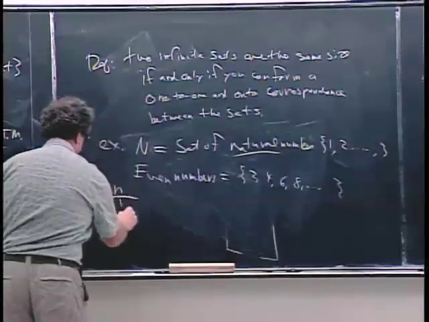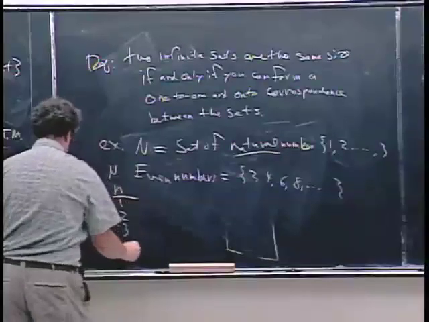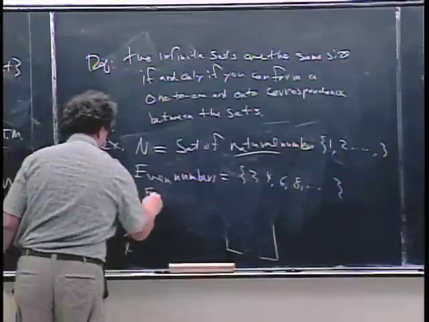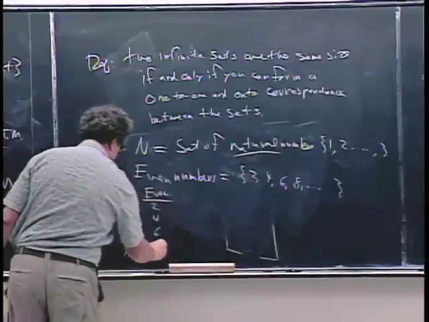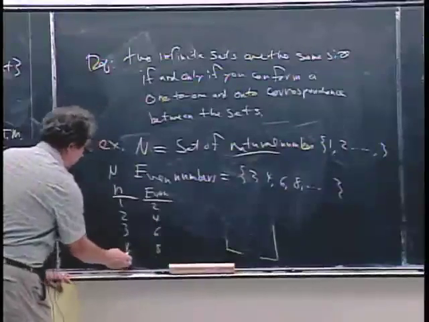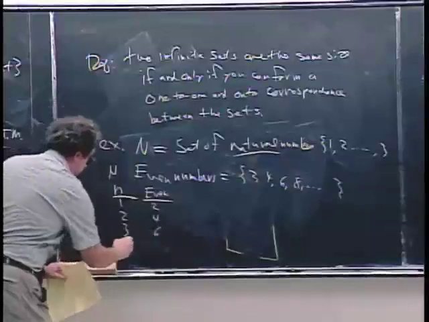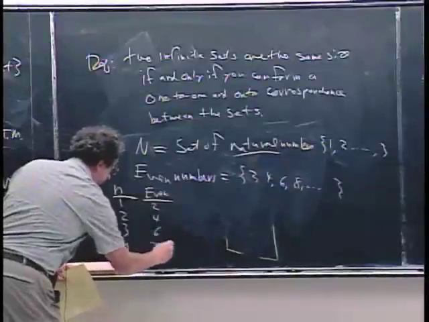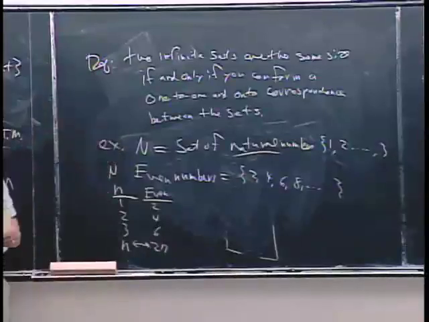These are the numbers in N, 1, 2, 3, 4, and these are the even numbers, 2, 4, 6, 8. And in general, if you have an n, it corresponds with 2n. So I've described a one-to-one and onto correspondence.